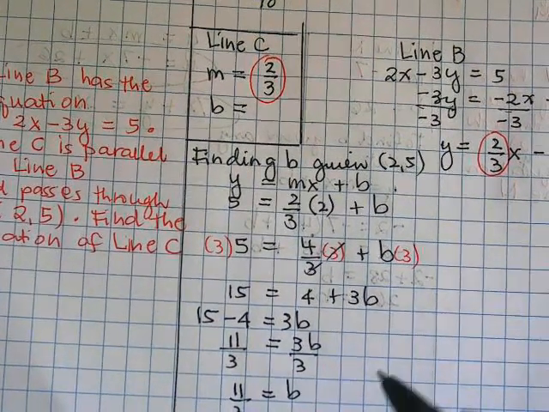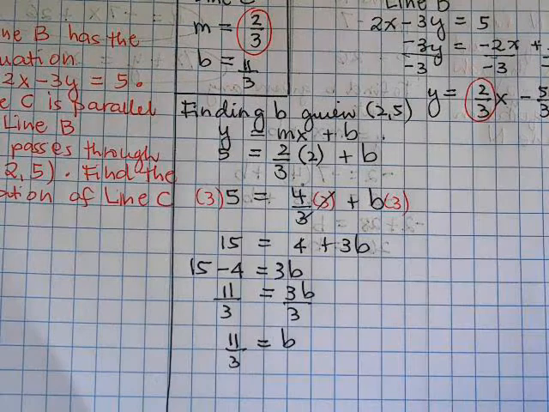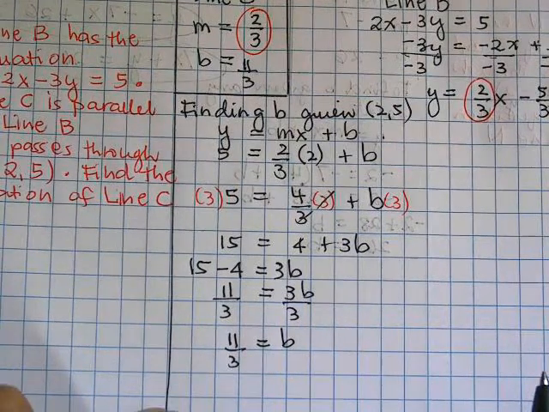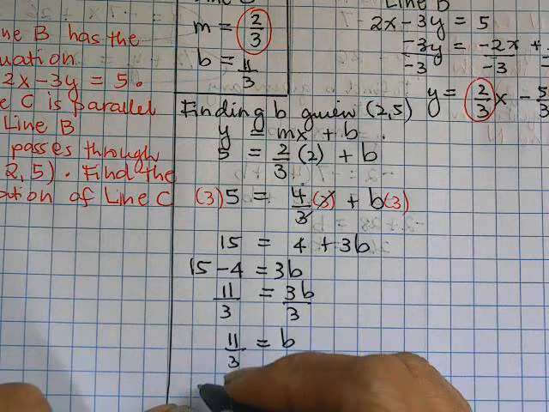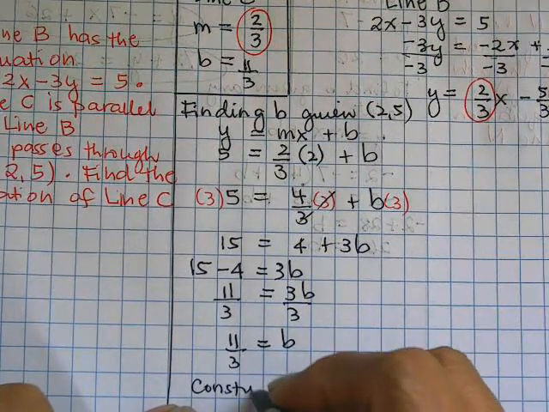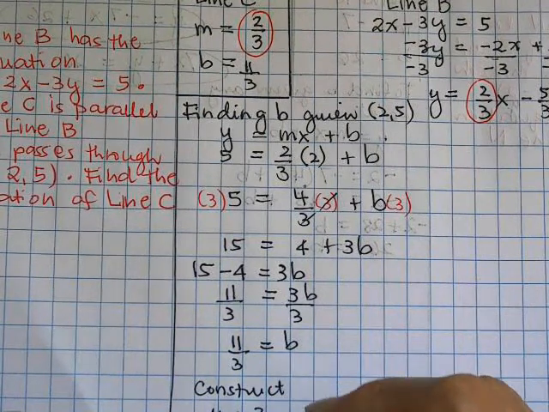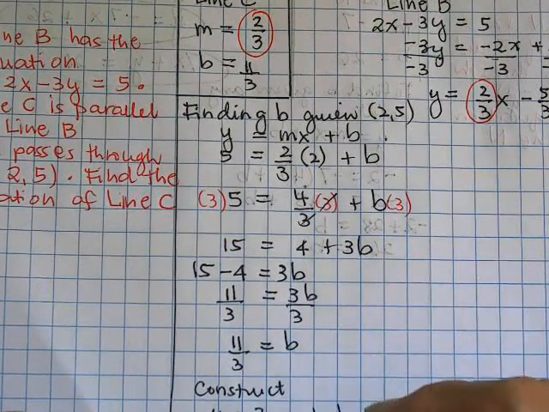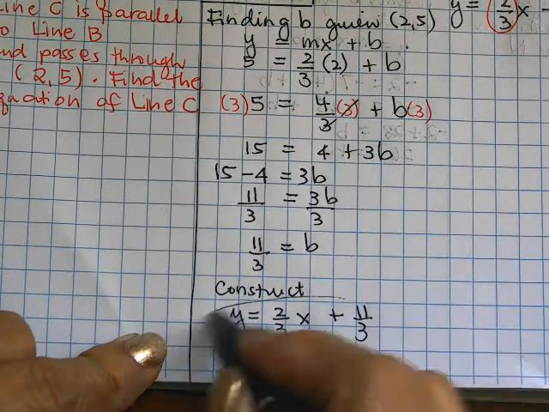So now I know my b, 11 over 3. You write it here, 11 over 3. Now you can construct your equation. y equals slope 2/3 x plus b, 11 over 3. This is your y form.